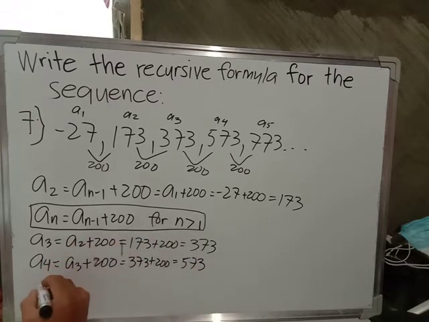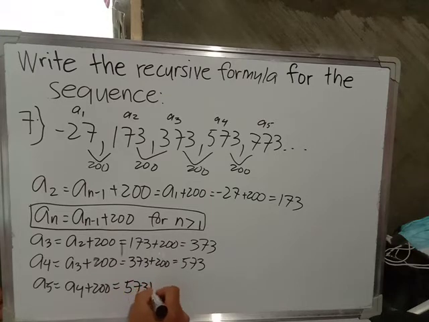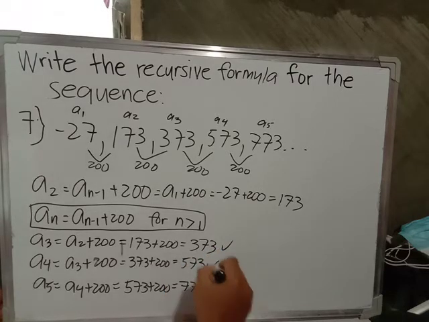Then a5 natin is equal to n minus 1, 5 minus 1 is a4 plus 200 is equal to a4 natin is 573 plus 200 is equal to 773. So, tama po tayo.